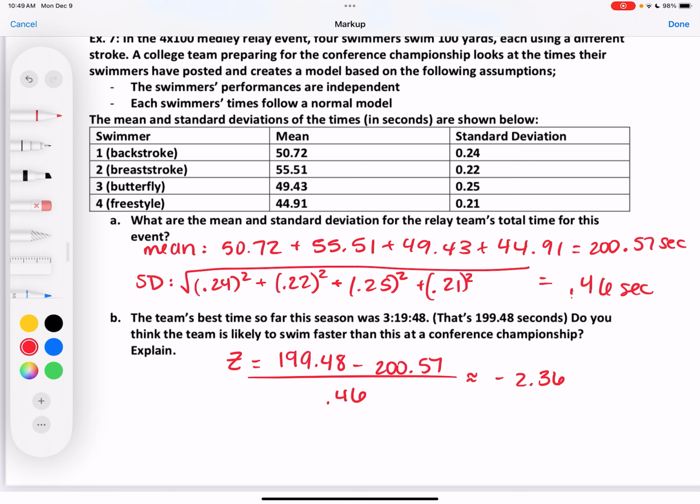Now, they said something somewhere about assuming a normal model. Yeah, each time follows a normal model. So, normal model, their average time, 200.57. Then they've got this other time over here, 199.48.